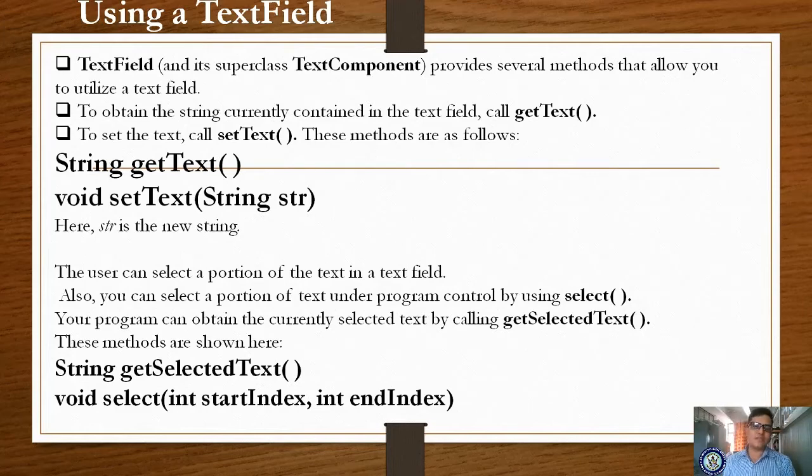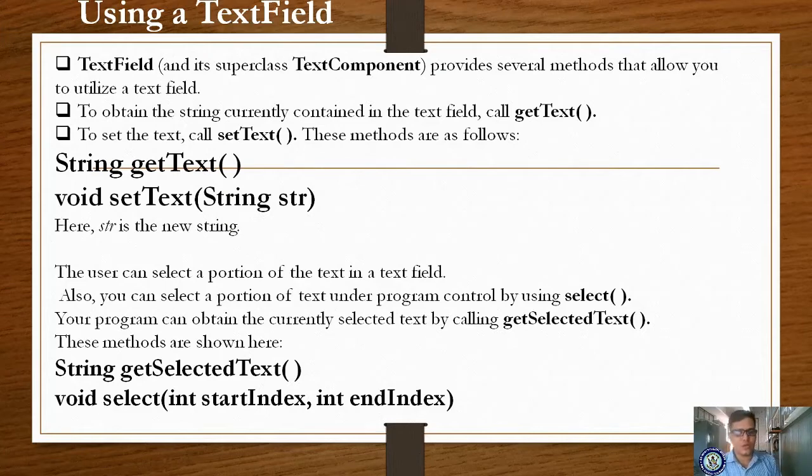The user can select a portion of text in a text field. Also, you can select a portion of text under program control by using the select method. So you can select a certain portion of the text while the program is running by using the select method. Your program can obtain the currently selected text by calling getSelectedText.